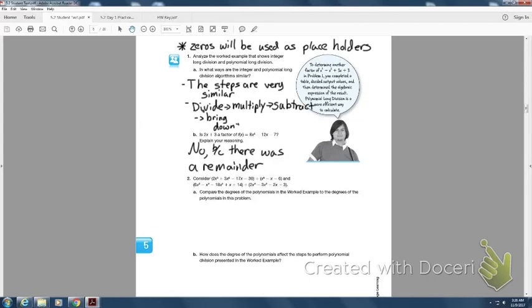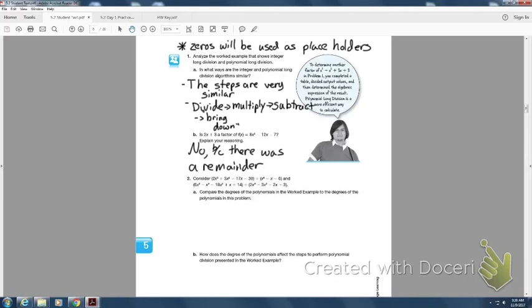Let's make sure that we're clear on what your answer should look like whenever you divide these polynomials. Make sure we know what a dividend is, what a divisor is, and what a quotient is. Consider 2x cubed plus 3x squared minus 17x minus 30 divided by x squared minus x minus 6.